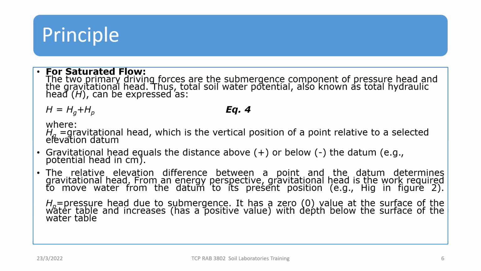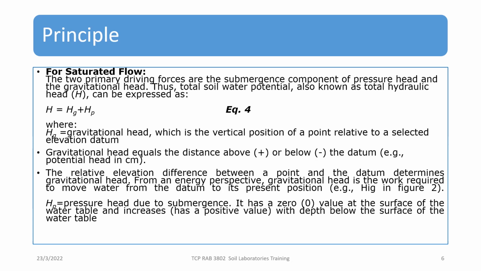So H_G, the gravitational head, is the vertical position of a point relative to a selected elevation datum, and the gravitational head equals the distance above or below the datum. The relative elevation difference between a point and the datum determines the gravitational head.